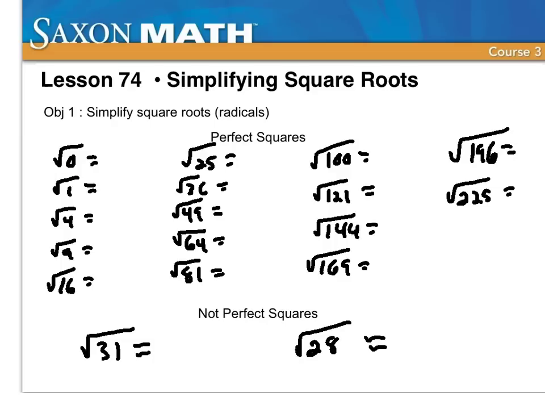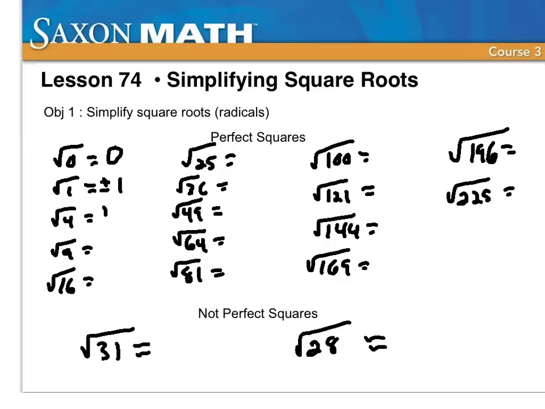So perfect squares, here's a bunch of examples. Those are just numbers that I know the square root of, that have integer square roots, meaning positive or negative numbers. For example, the square root of 0 is just 0, because 0 times 0 gives me 0. The square root of 1 is positive and negative 1, because positive 1 times positive 1 equals 1, and negative 1 times negative 1 equals 1.